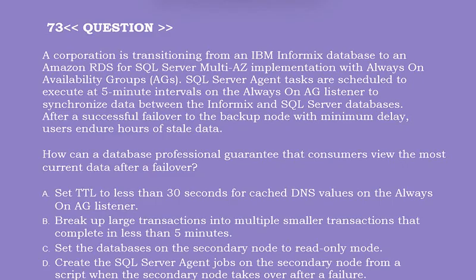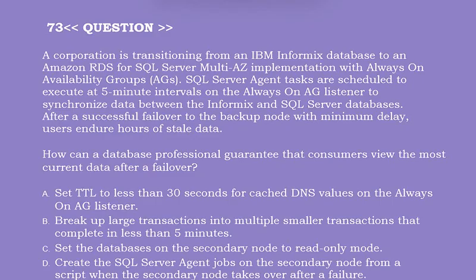Question: A corporation is transitioning from an IBM Informix database to an Amazon RDS for SQL Server Multi-AZ implementation with Always On availability groups (AGs). SQL Server Agent tasks are scheduled to execute at 5-minute intervals on the Always On AG listener to synchronize data between the Informix and SQL Server databases.